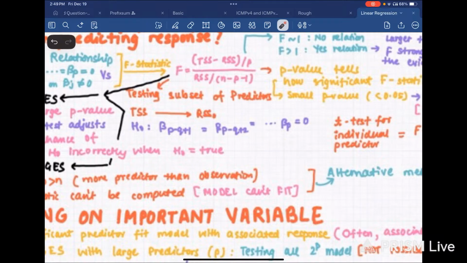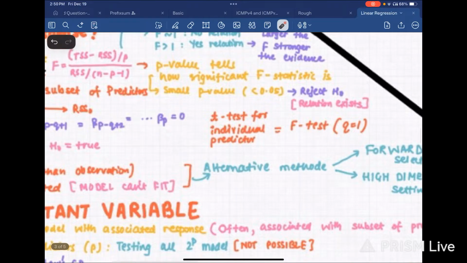Here H naught is that beta of P minus Q plus 1 equals beta of P minus Q plus 2, and so on till beta of P, equals 0. The T test for individual predictors is equal to the F test for Q equals 1.